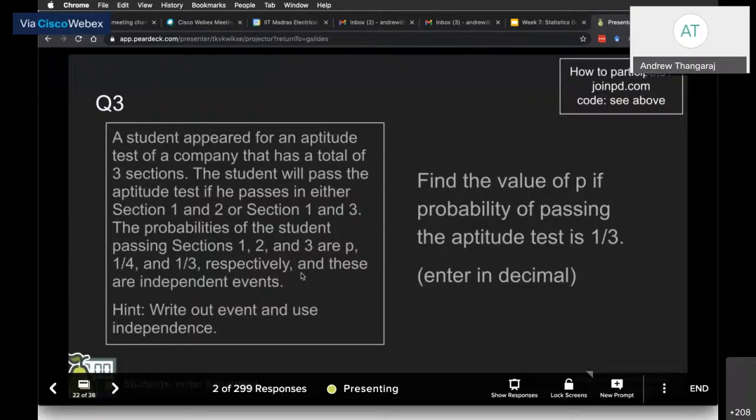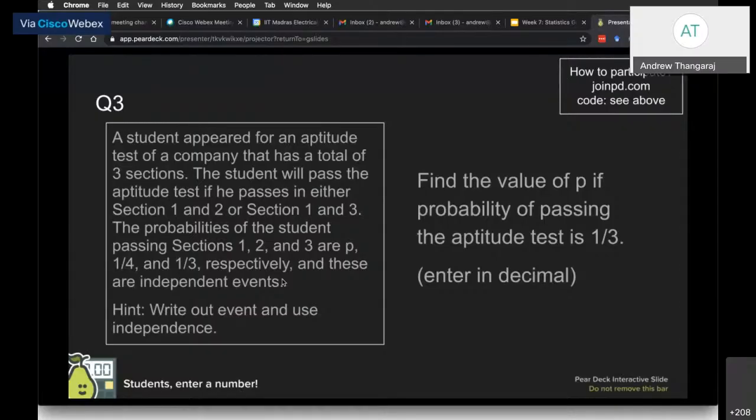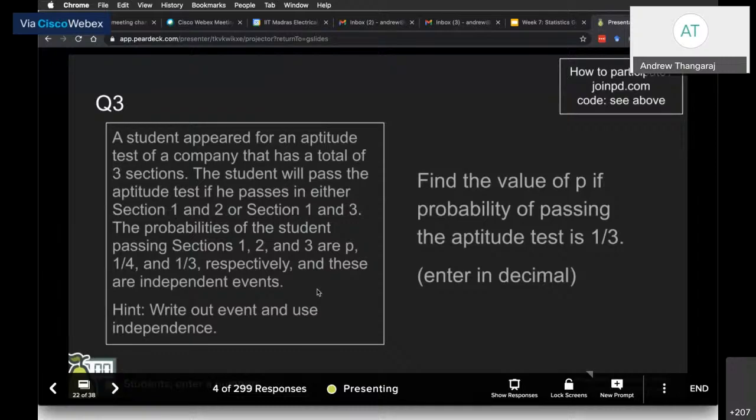But quite often you'll see many people give this problem without stating that these are independent events. They'll expect you to assume that, which I think is a very ambiguous way of asking the question. It's common. Many people ask this, so you have to live with this. My hint is for you to write out this event carefully, use the event rules very, very carefully.